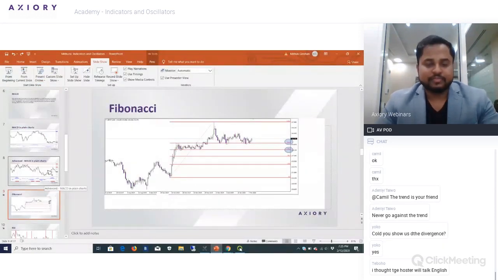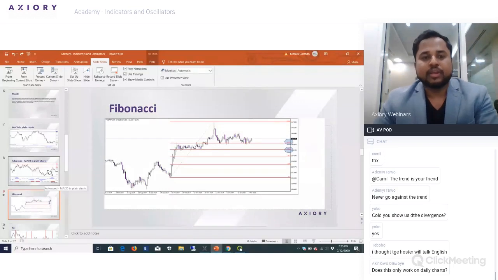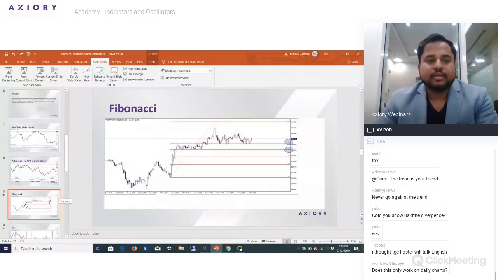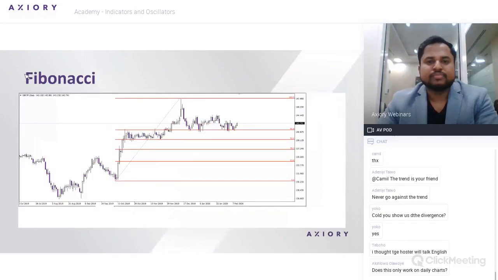So now we have discussed moving averages and MACD, and next we go to the Fibonacci chart. This is called Fibonacci lines.